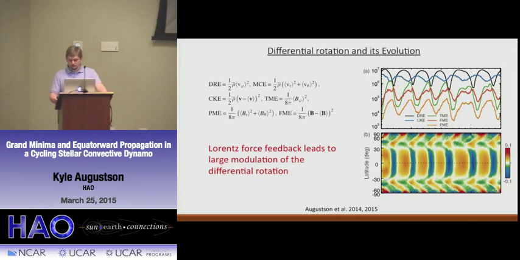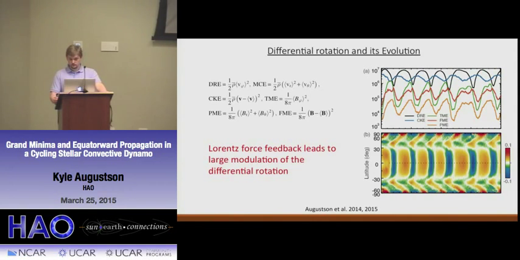There's a paper by Reiner, Mark Miesch, and I think Nick Featherstone, where they looked at theoretically what the lower bound on the convective amplitudes should be. If you look at the observations, maybe it's of the order of centimeters per second, in which case your Rossby number would be tiny, like 10 to the minus 4, 10 to the minus 5. But if you take the more realistic values that you can constrain by gyroscopic pumping, it's more like 10 to the minus 2 to 10 to the minus 3. But that's still a fairly large range.